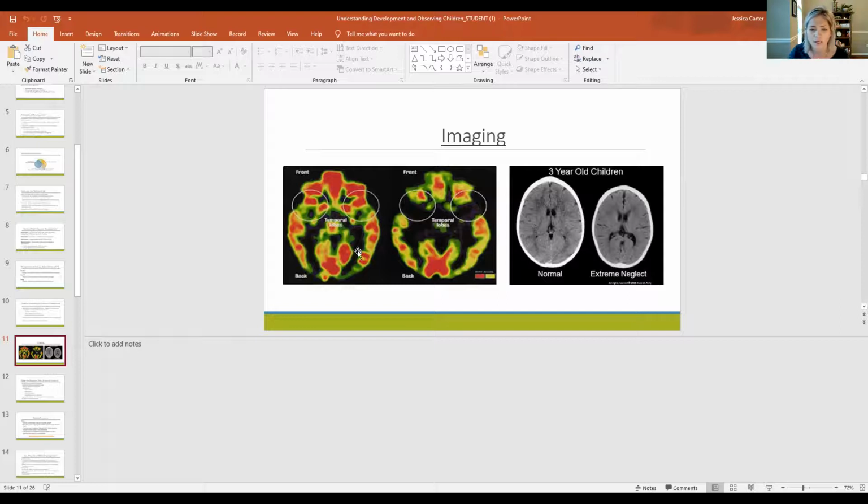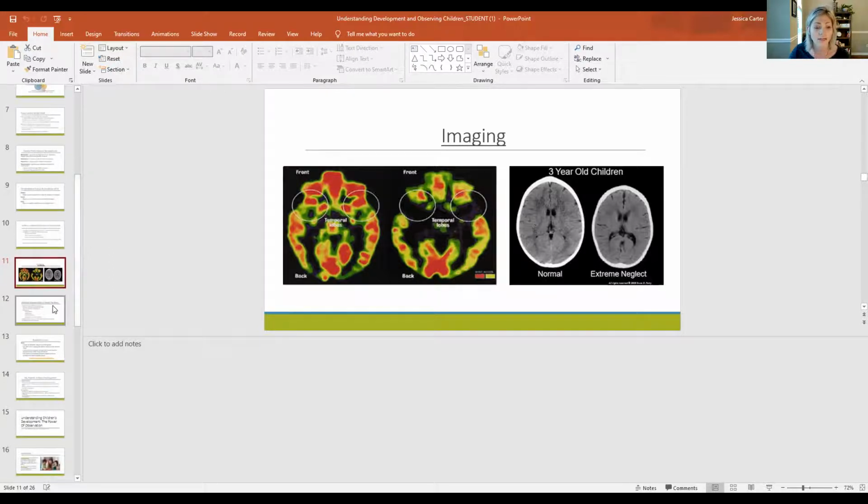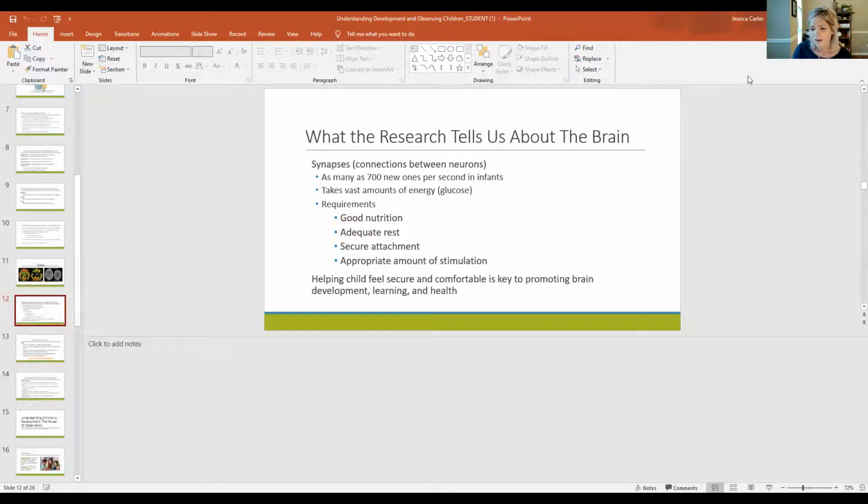And then this image over here is where we're seeing more of the neurons and things like that firing when children are getting those rich, interactive experiences that they need for their brains to grow.